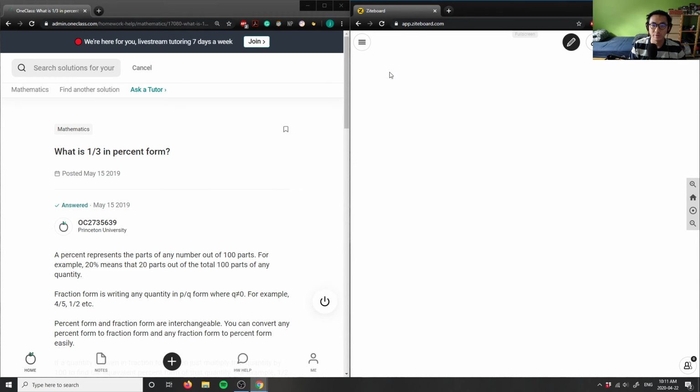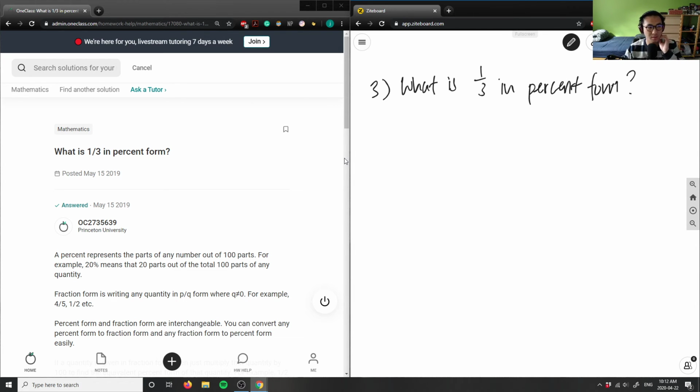It says, what is 1/3 in percent form? So we can approach this question in terms of how we can convert to a percentage.